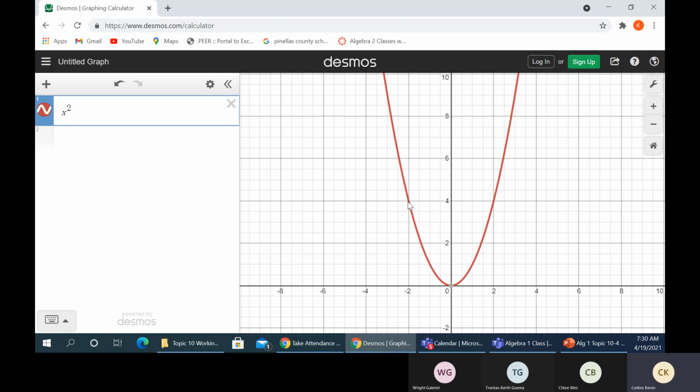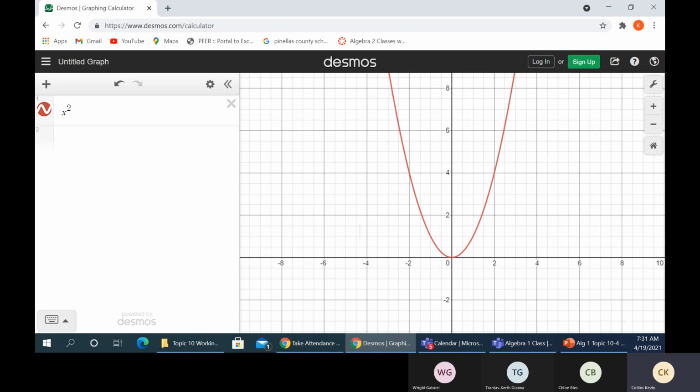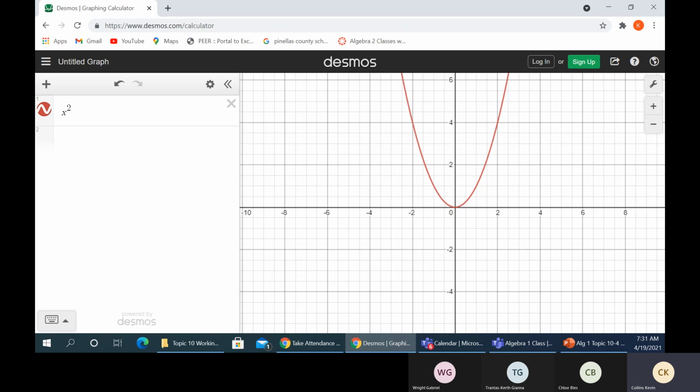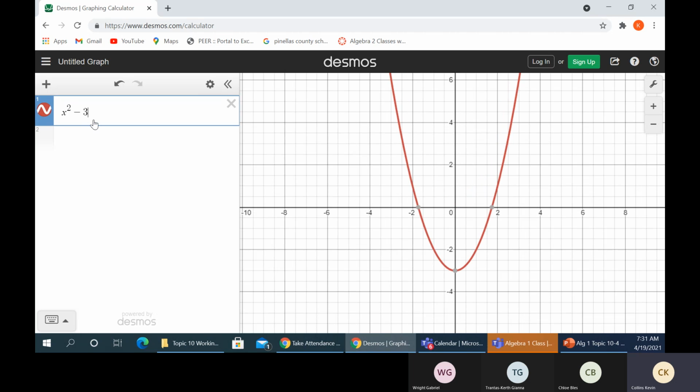Even on the negative side, we're still positive, right? If you square -2, -2 times -2 is +4. So you can see these are kind of similar, right? And then, as Chloe predicted, if we pop in a -3 here, our graph goes from 0, 0 down to 0, -3.